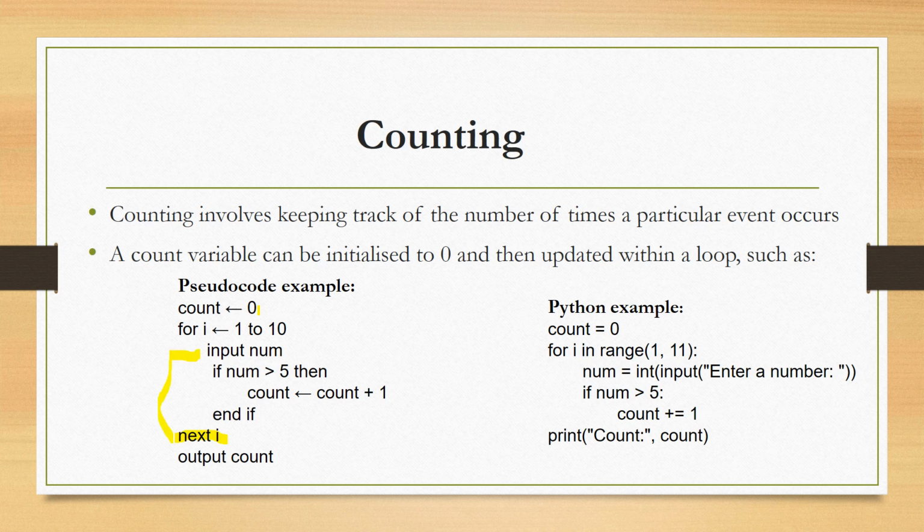We will get to know the next iteration when the user enters something as input. Let's say the user has entered a value greater than 5 four times. So at the end, our count will contain the value 4 because the user has entered a value greater than 5 four times.